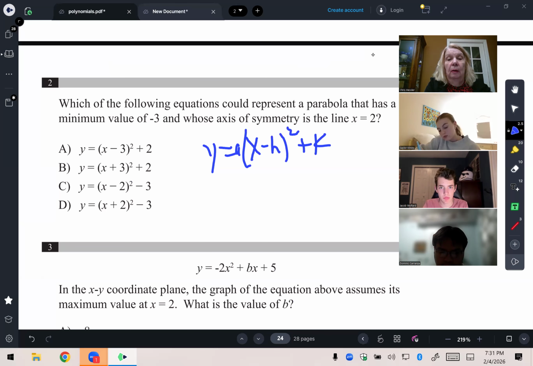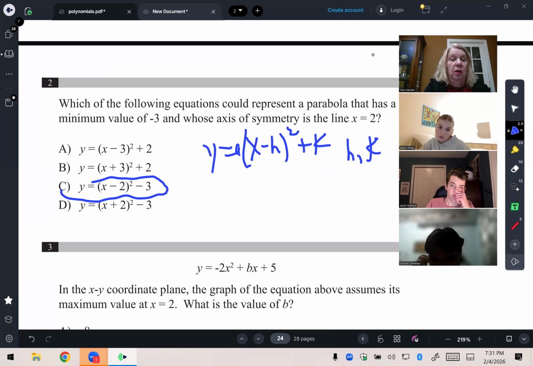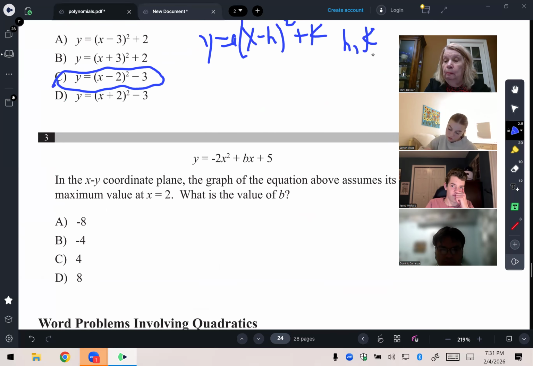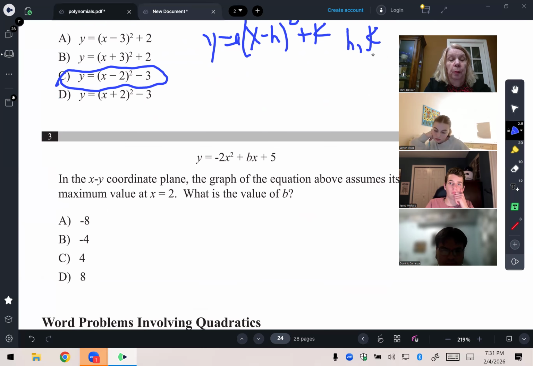And so if hk is the vertex, so 2 will be the vertex, so it's going to be x minus 2 squared minus 3. Okay, so now for this one, you could put those into Desmos if you forgot. We're almost done, guys. Thanks for hanging on.